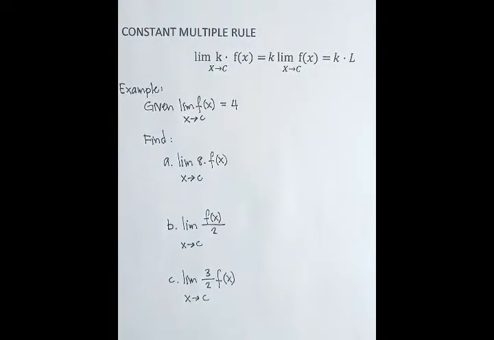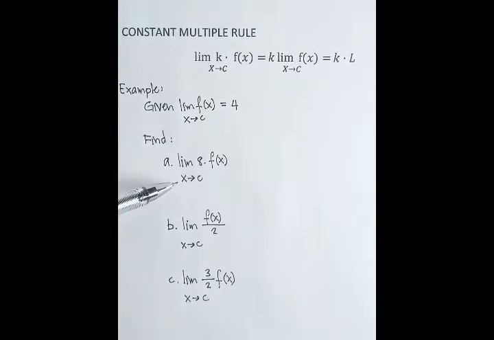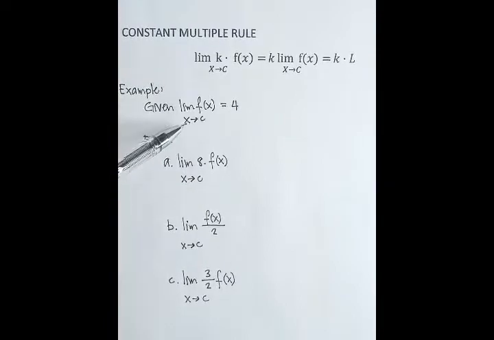So for example, we're given the limit of the function of x as x approaches c is equal to 4. So find, for letter A, the limit of this function of x multiplied by 8 as x approaches c. Using this constant multiple rule, we place the 8 in front. So we have 8 times the limit of the function of x as x approaches c.